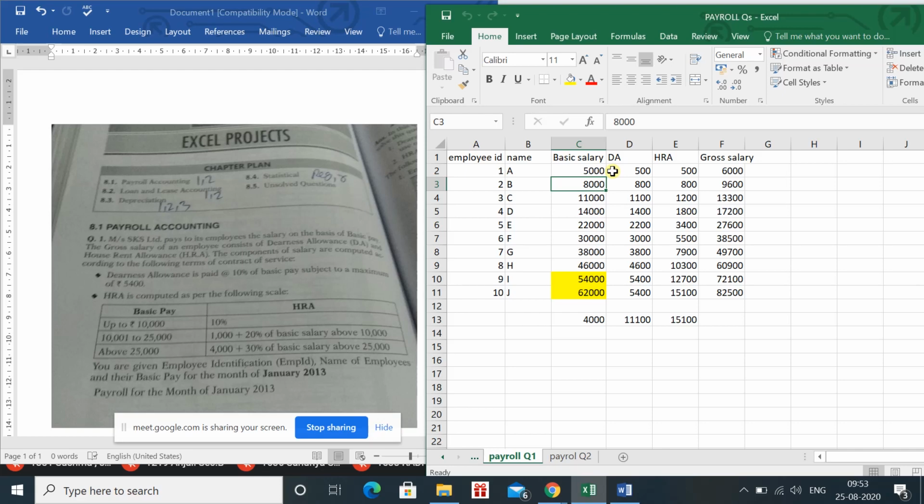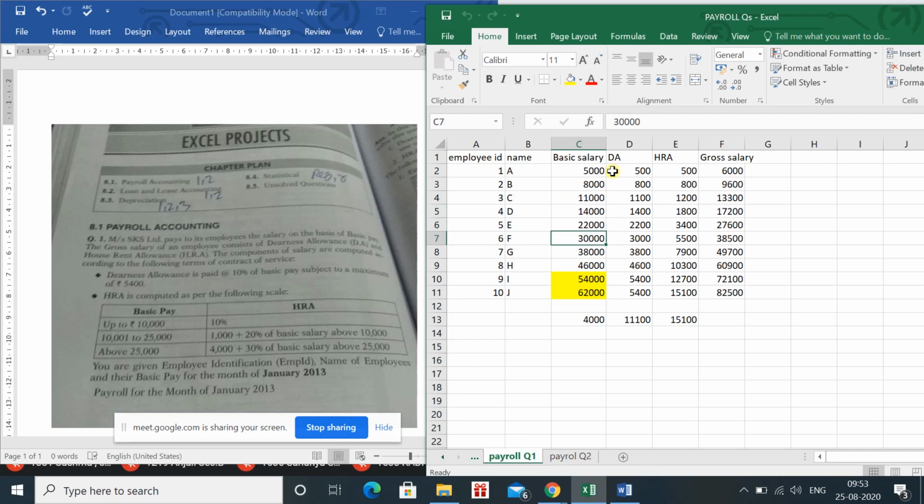Then for 10,000 to 25,000, we are again taking three values: 11,000, 14,000 and 22,000. So these three basic salaries are related to the range 10,000 to 25,000.